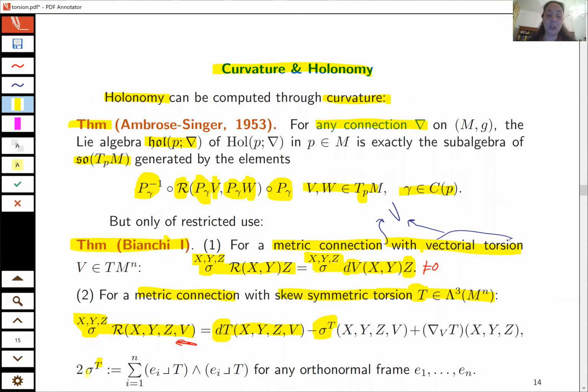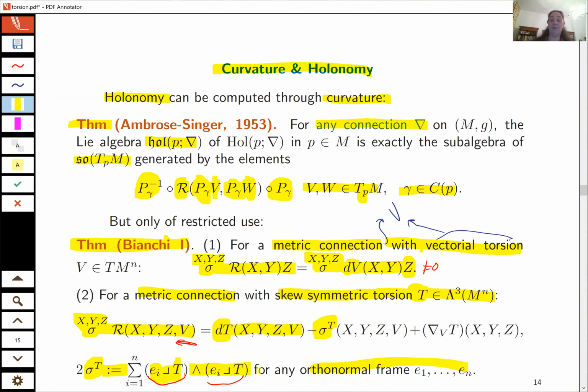We define a new four-form sigma T out of the torsion tensor T in the following way. Take the inner product of e_i with T, where the e_i are just an orthonormal frame. And then I take the square of this form. Now, this element here is a two-form, so the wedge with itself in general is non-zero.